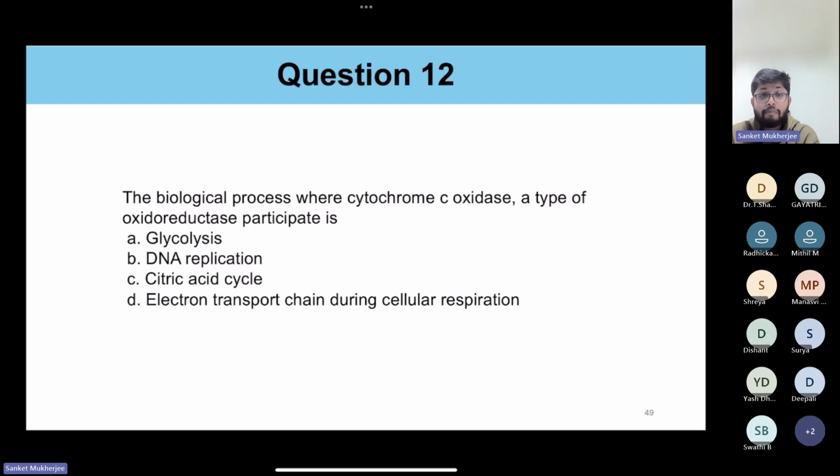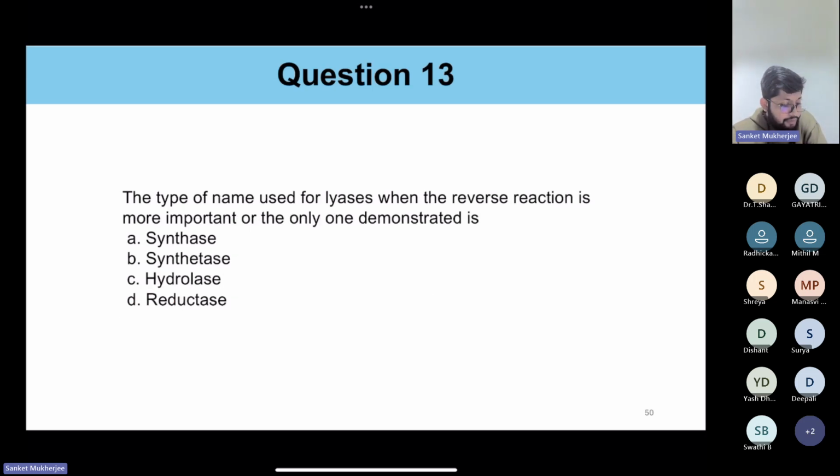No answers? I would wait for any answer to come up. Okay, so the answer would be electron transport chain during cellular respiration. Cytochrome C oxidase is an enzyme involved there.